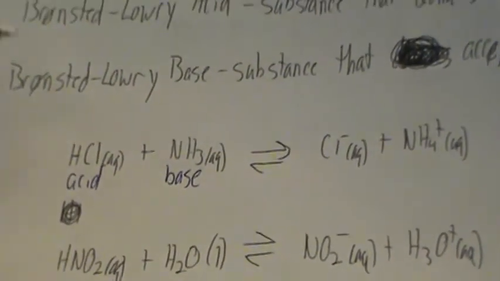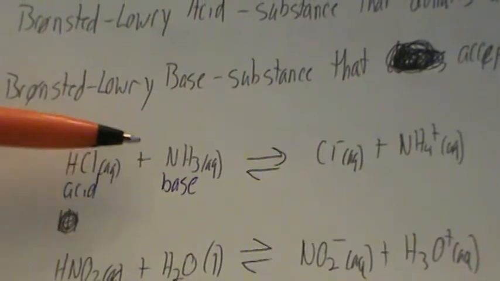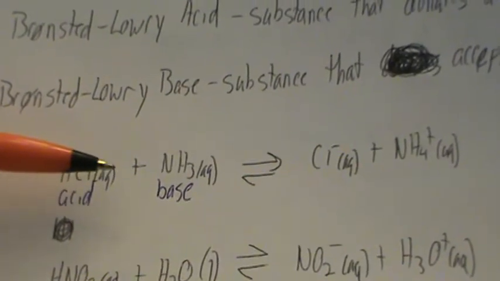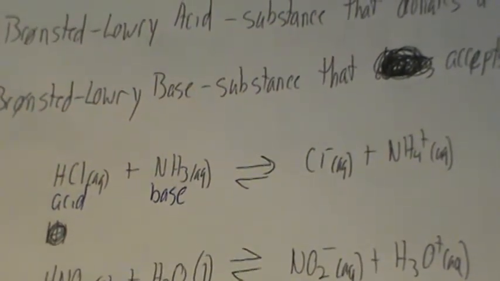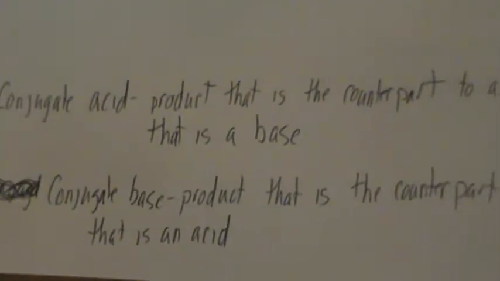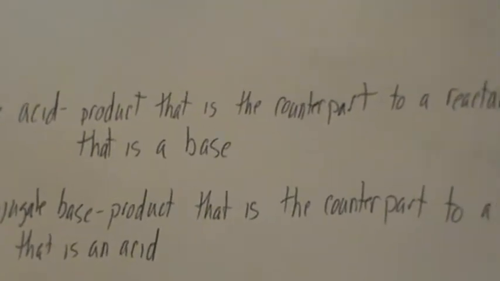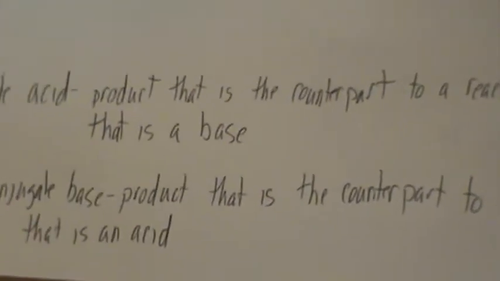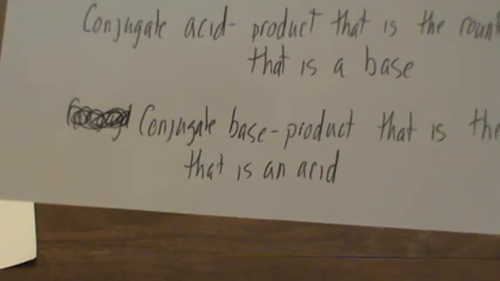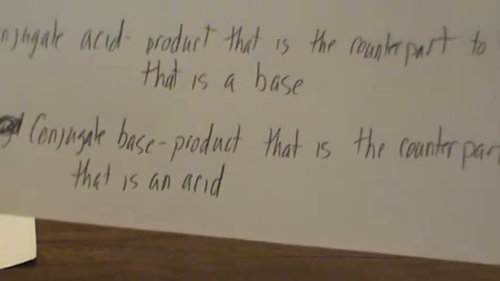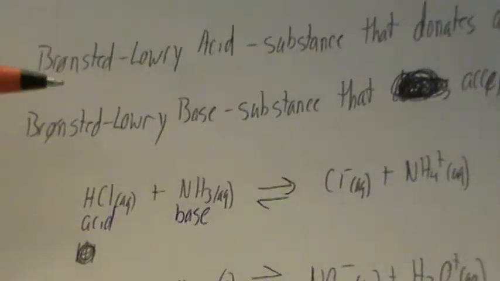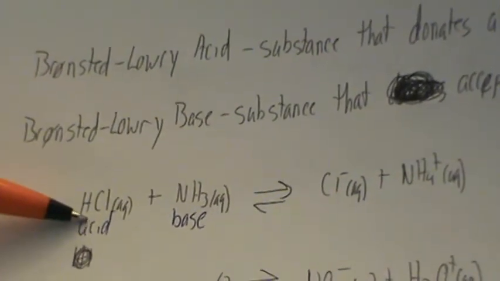Okay. Now with these types of problems, we're always going to have an acid and base on the left-hand side. On the right-hand side, we also have an acid and base, but they are the conjugates. Now a conjugate acid is a product that is the counterpart to a reactant that is a base, and a conjugate base is a product that is the counterpart to a reactant that is an acid. So up here, HCl was our acid.